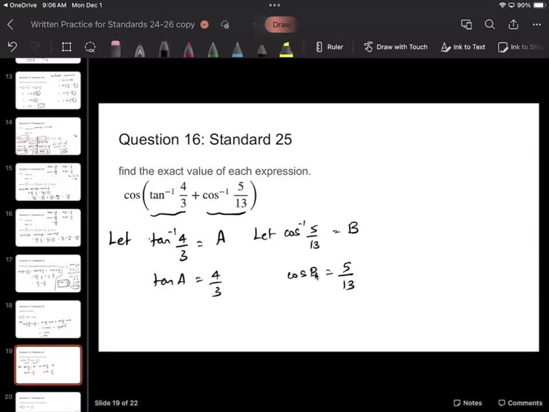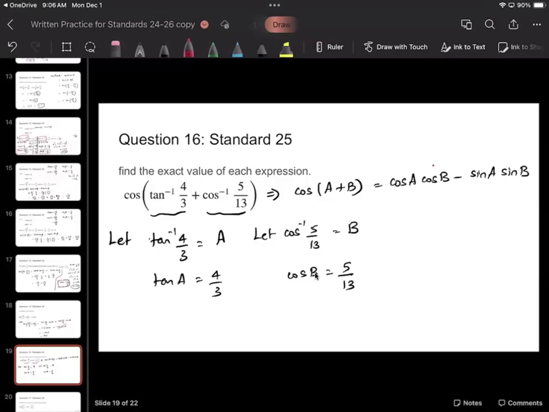Now this becomes cosine of A plus B, which is nothing but cosine A cosine B minus sine A sine B. So I need the values of cosine A, cosine B, sine A, sine B.